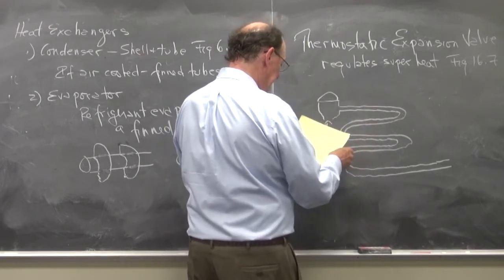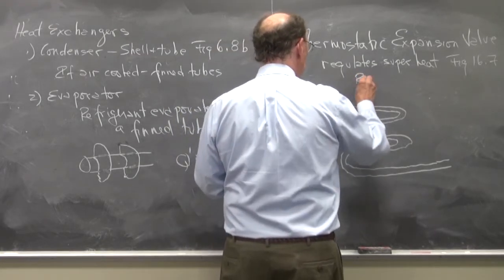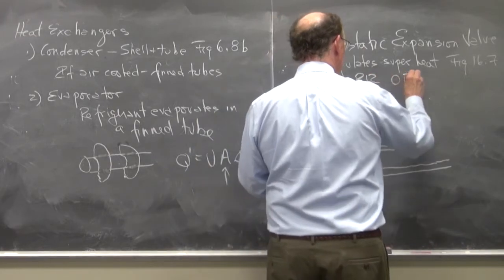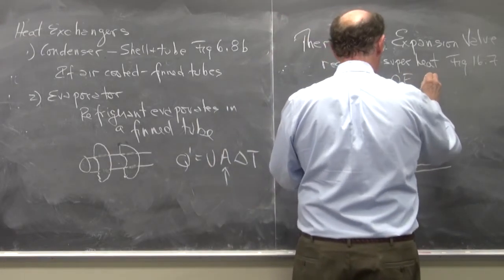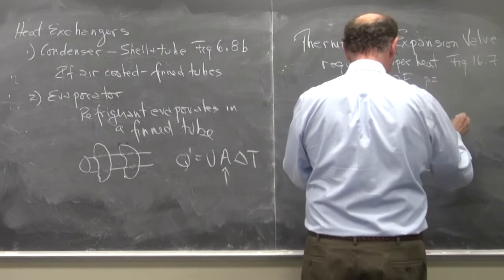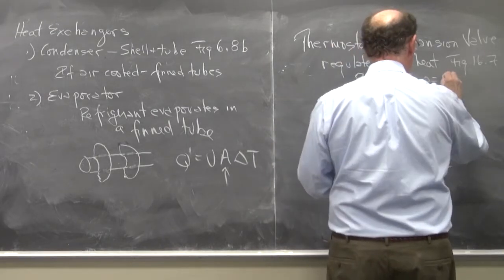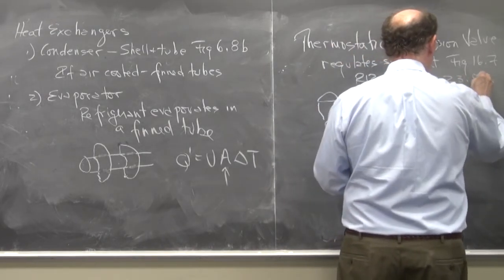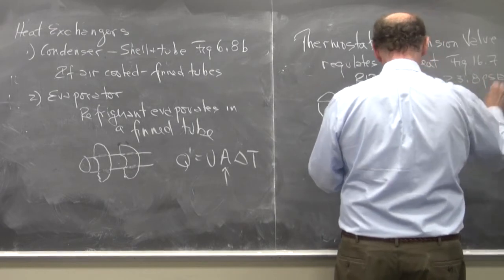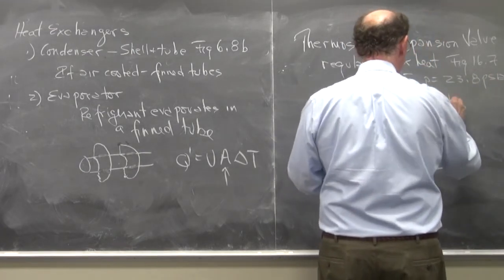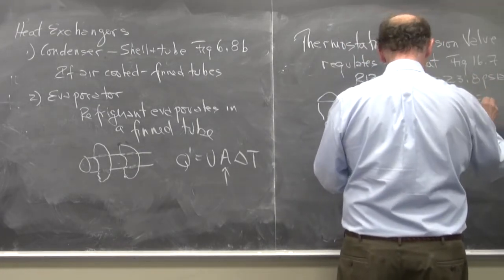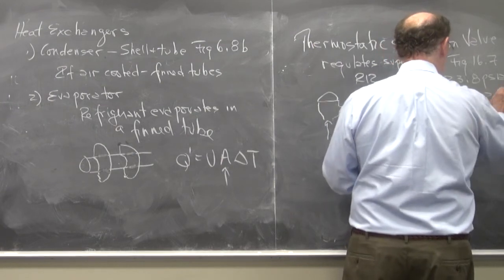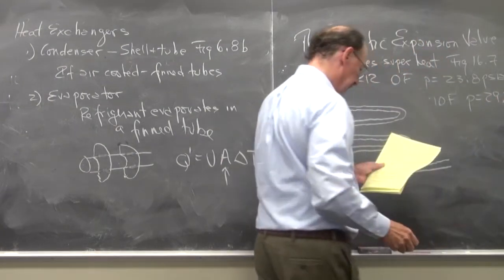And let's say I know for R12 at 0 degrees Fahrenheit, the pressure P is equal to 23.8 psia. At 10 degrees Fahrenheit, P is equal to 29.3.